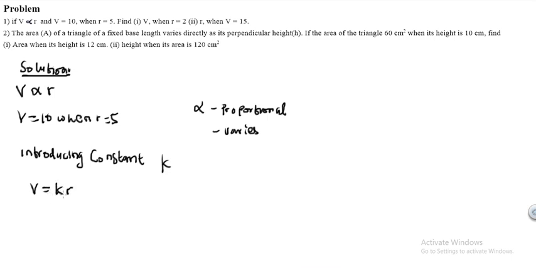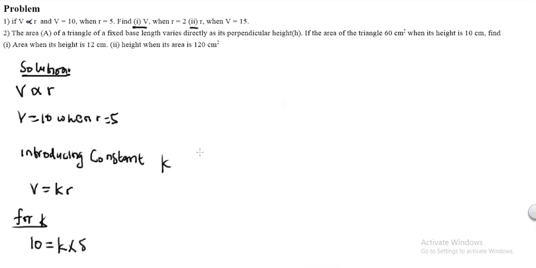From here, I will first find the value of my constant. I'm told that when V is equal to 10, R is equal to 5. So to find my constant, I'll solve for K here. I'll substitute my values inside this equation. So that means I'll have 10 is equal to K times 5, which is 5K.